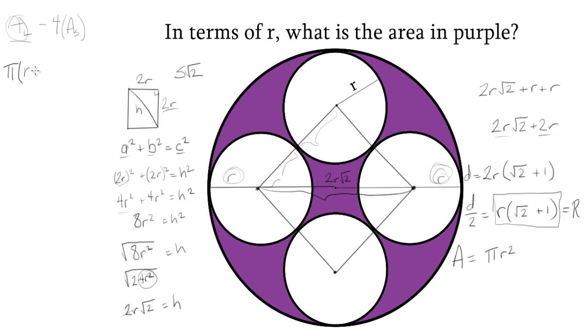I have r times root 2 plus 1, squared, minus 4 times the area of these smaller ones, which is going to equal pi, and simply just a little r this time for my radius because that's the radius of my smaller circle.